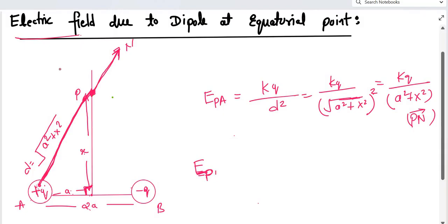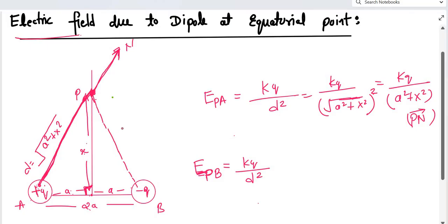Now, what is the electric field at P due to B? We have to calculate it. If I join these two, this is the distance, because I want to know the field at P due to B. So it will be kq by d square. And what is the distance? This is again a and this is x.